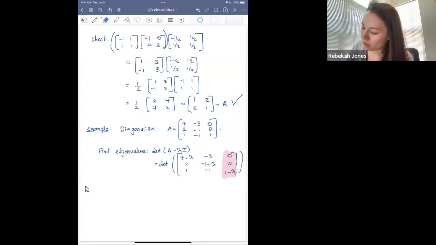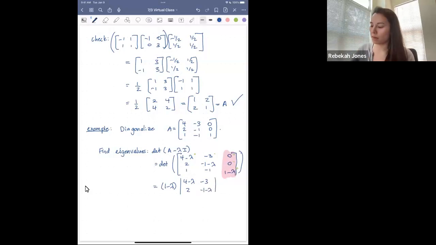And if we map this out to figure out the sign, we know that we alternate signs as we step through the matrix. So this is plus, minus, plus, minus, plus. So the sign on my expansion is going to be positive, and then we have the determinant of the 2x2 minor.